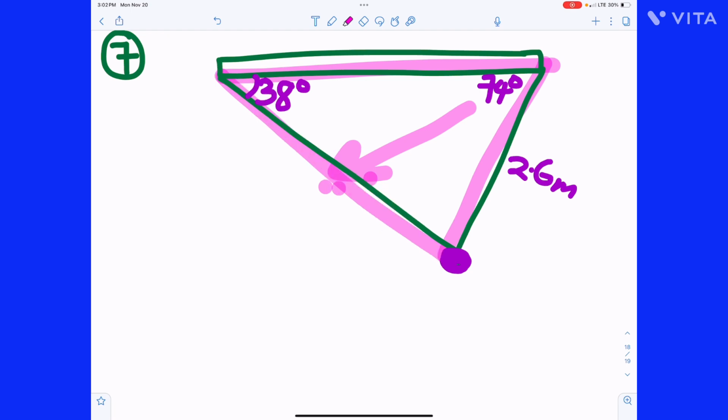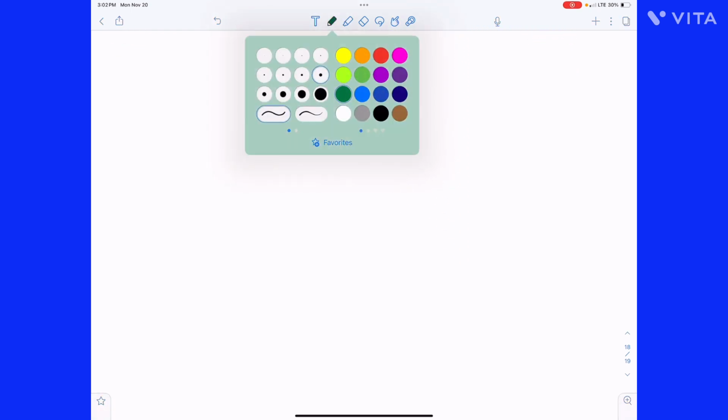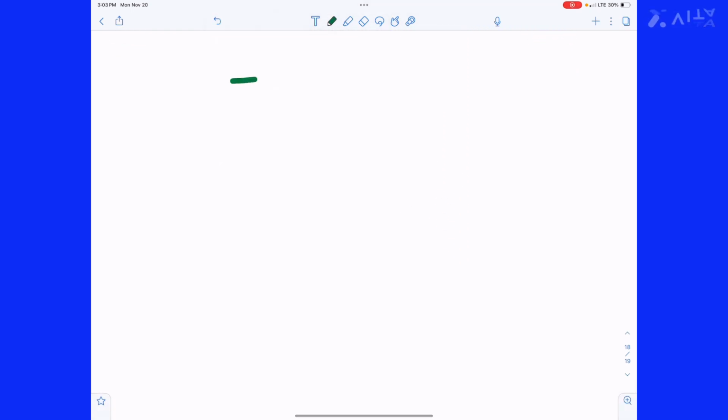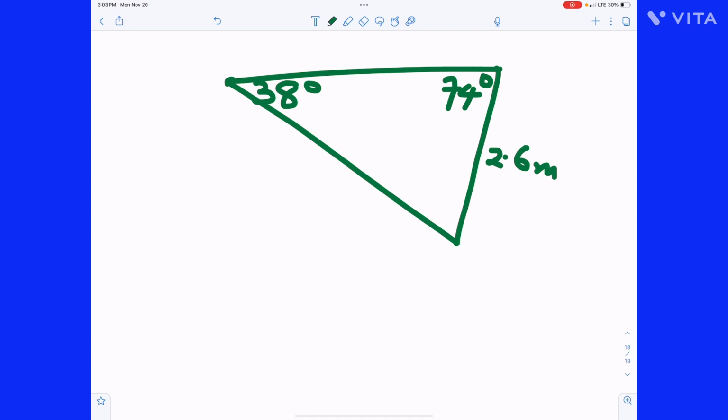So we can use this diagram like this, or we could make another triangle from it that looks simpler, so that the beam will not be showing anymore. The angles are 74 degrees, 74 degrees, 38 degrees, and the side is 2.6 meters.